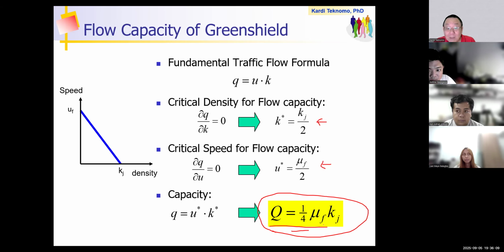It depends on your parameters. These parameters you can get from regression analysis. Is this clear or not?